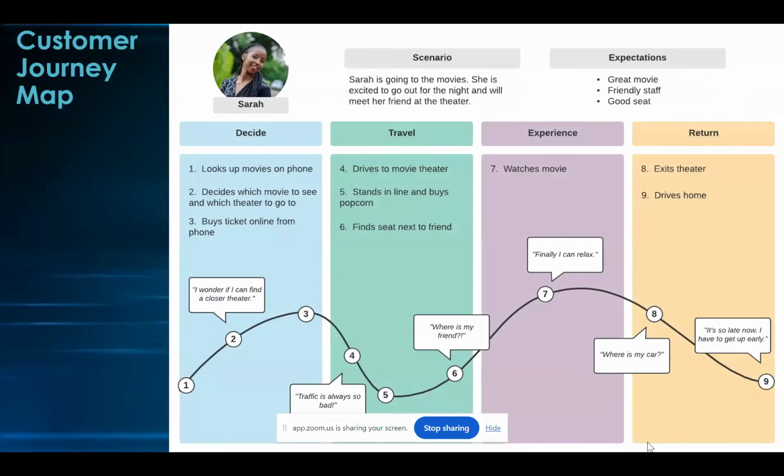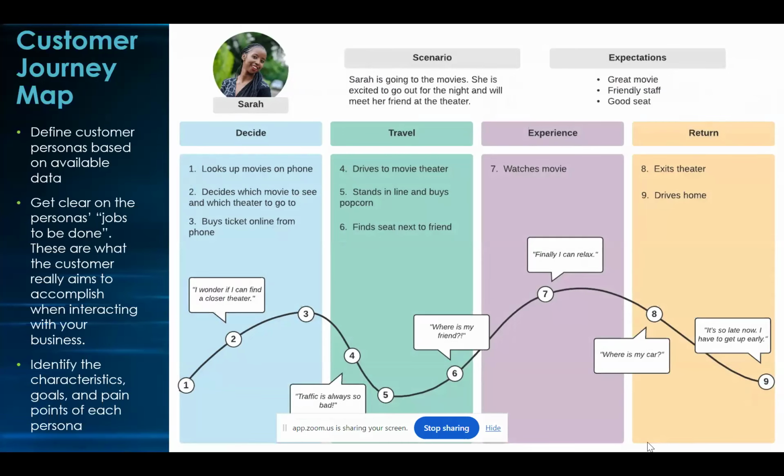So this is another customer journey map. Remember, now that we know who the user is, we've created a user persona for the person. Now we want to create a scenario that obviously applies to our business.